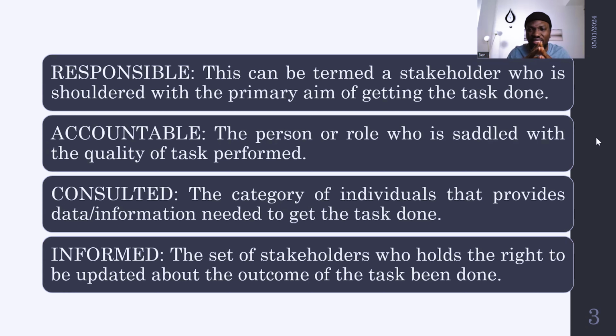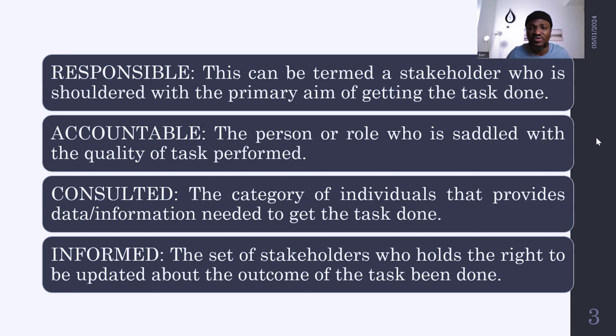Now, we move to accountable. When we say accountable, what does it mean? Accountable is the person or role who is saddled with the quality of the task being performed. When a requirement is to be elicited, who ensures that it is done properly? Who ensures that the quality of the requirement being gathered is correct, and that its features are complete to a large extent?